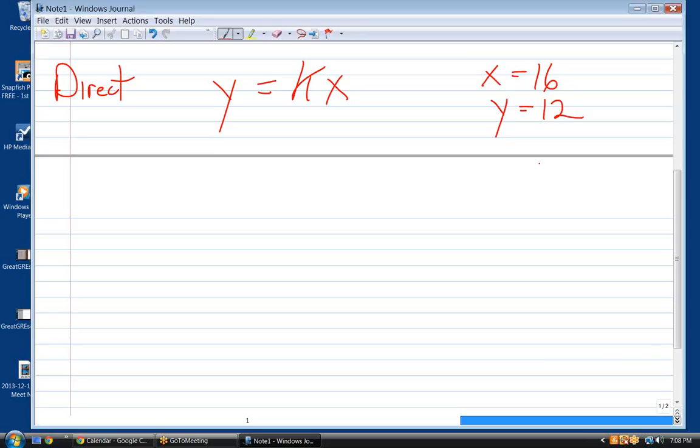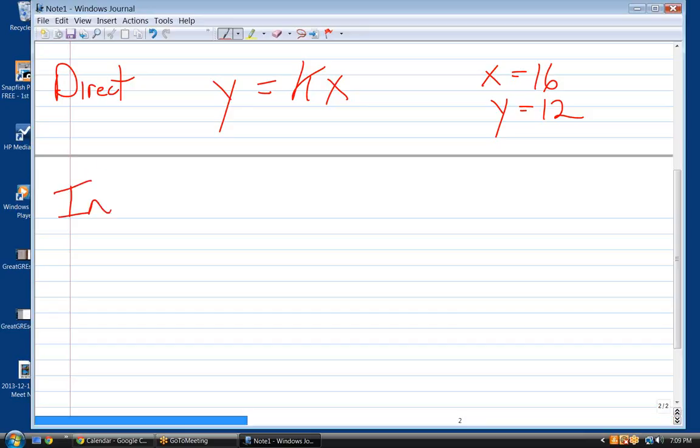Okay. All of these direct and inversely proportional problems play out the same. Your first step is to figure out what k is. For direct relationships, y equals kx. For inverse, it's y equals k over x.